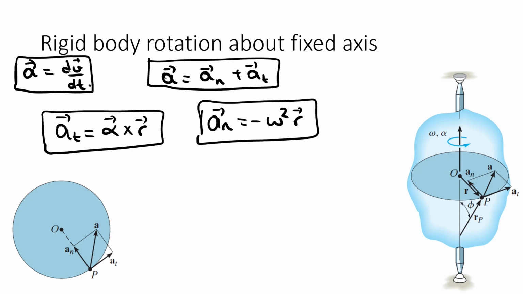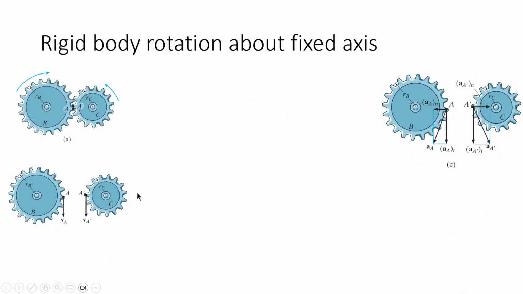As you can see, we have lots of cross products. You have to review the cross product section of the book again, and I believe you will understand the concepts much better. I will stop the recording, and in the next part I will talk about the gears and the velocity in the gears.